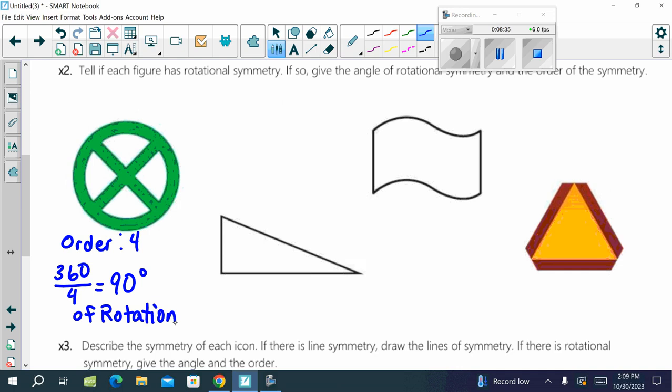What about this triangle? When will it look the same? 360 degrees, right? It is not going to look identical to itself till it's all the way back around, correct? So then it would be no rotational symmetry.